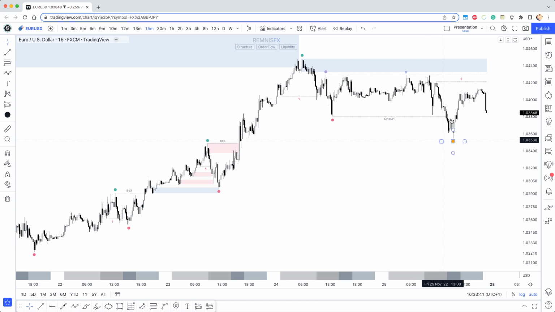I would say we have inducement here. So one scenario could be that price will take out the inducement and then go lower, or another scenario is engineered liquidity.